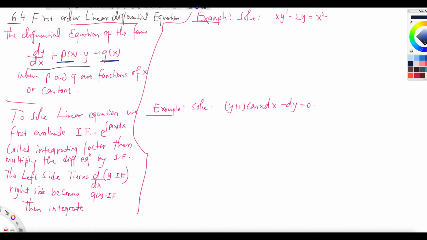If the differential equation is given in this format, or if you can change the given differential equation into this format, with dy over dx by itself plus a function of x times y equals another function of x, where p and q are functions of x or constants, then that type of differential equation is called a linear differential equation. Okay, guys.